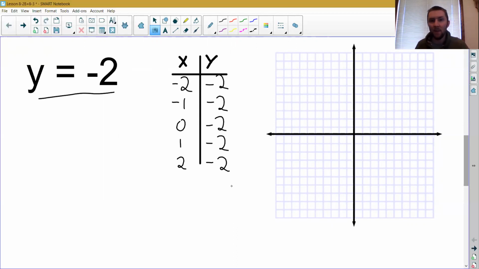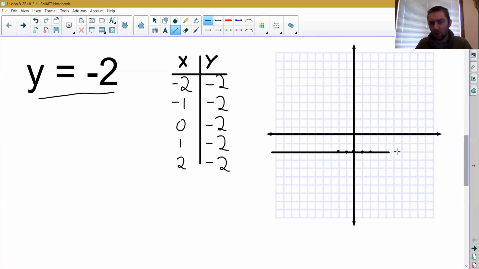So if I take some of these points and plot them on my graph, I plot a point here and here and here and here and here. And what do we notice about those 5 points? Well, they're all in a straight line, obviously, because it is a linear equation. But not only that, it's a horizontal line that goes right along one of my coordinate grid lines, right?